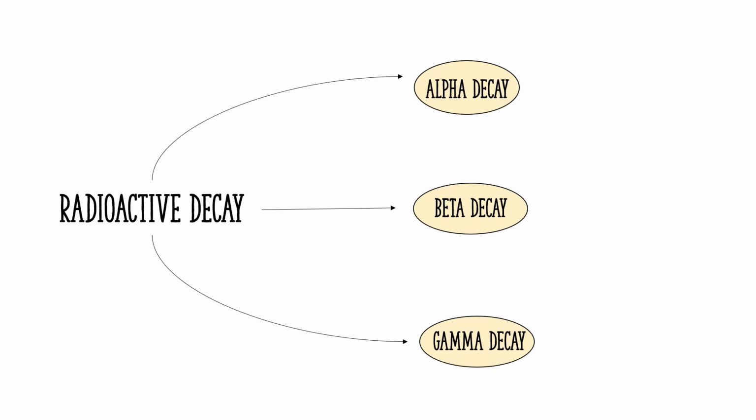So, for example, alpha decay emits alpha radiation in the form of alpha particle. For beta decay, it emits beta radiation in the form of beta particle. While for gamma decay, it emits gamma radiation in the form of gamma ray.